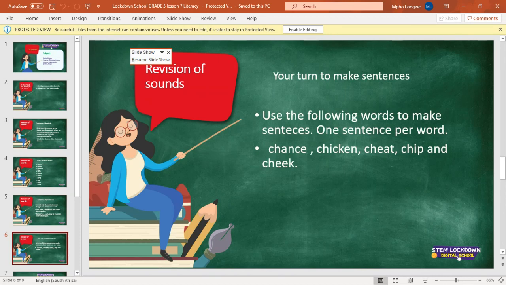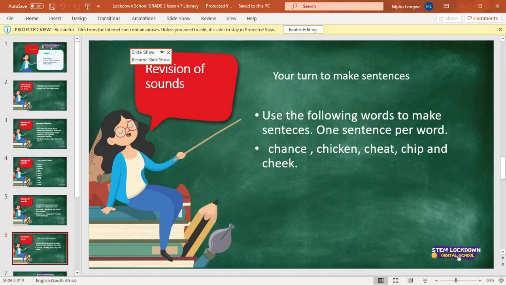So now you guys do sentences with chance, chicken, cheat, chip, and cheek, one word per sentence. Let me be nice and kind and give you 4 minutes to do them.